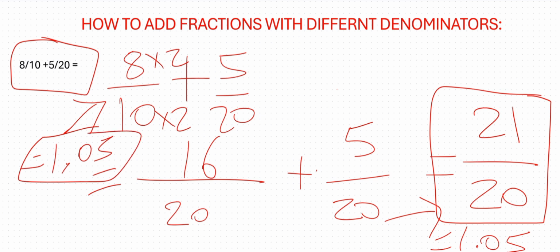As you can see, this answer here and this answer here match, so we know that the final answer to this problem is 21 divided by 20.